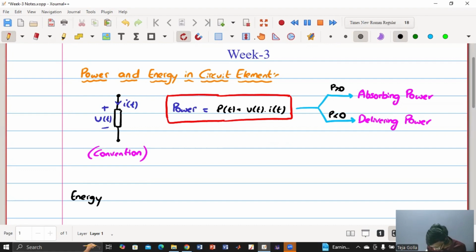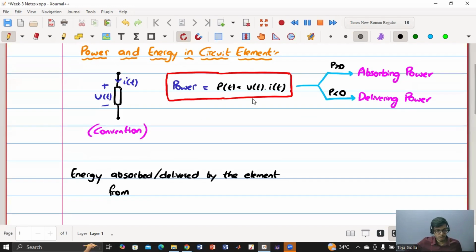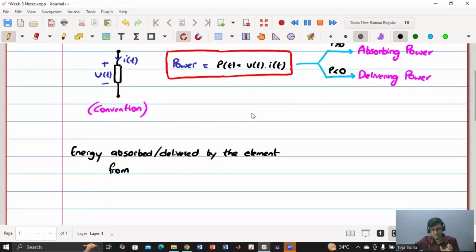So let us say energy absorbed or delivered by the element from time t1 to t2. When we say energy, it is dependent on the time. So we have to mention what is that interval of time, because you can say energy is equal to power into time. If time changes, energy changes.